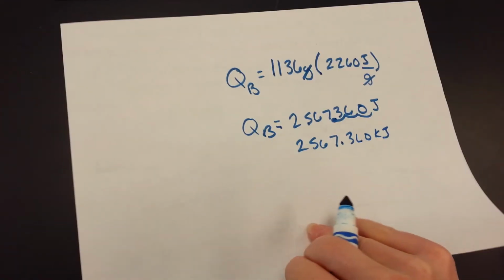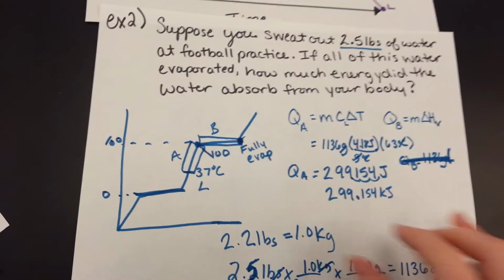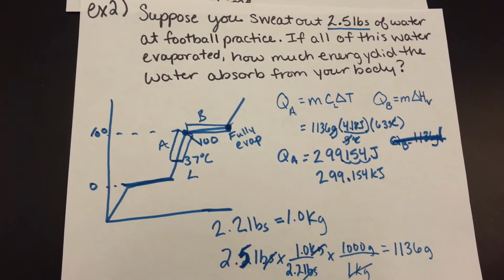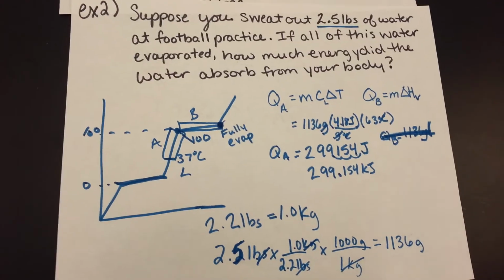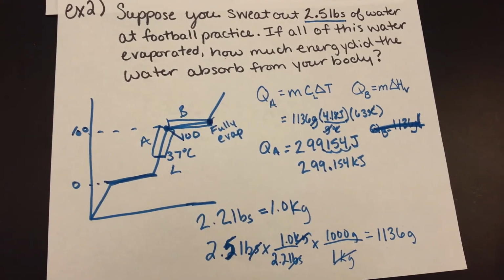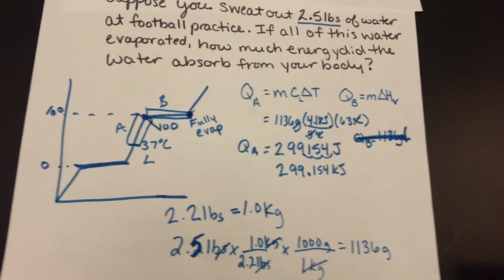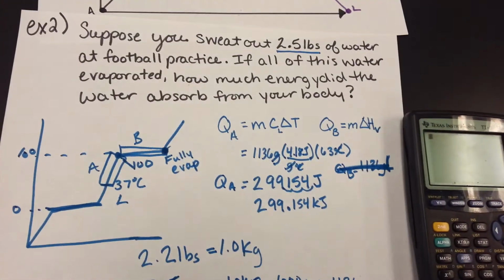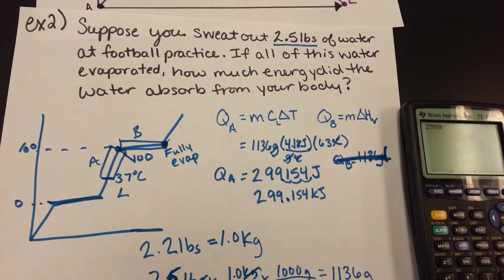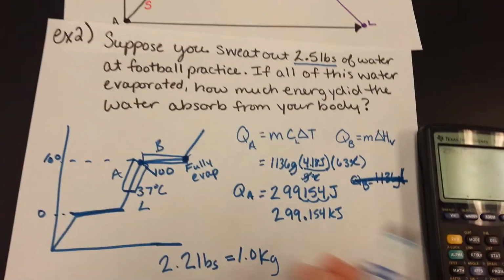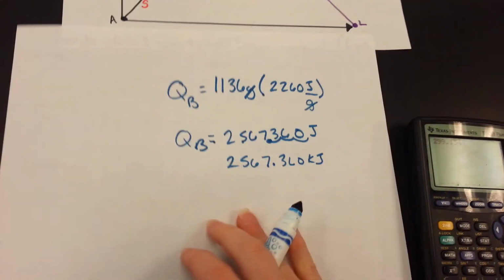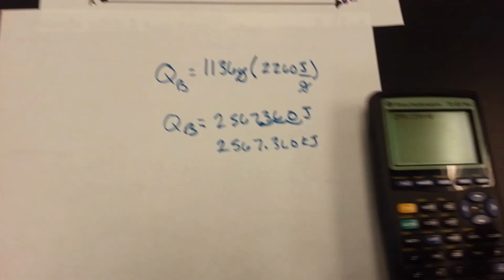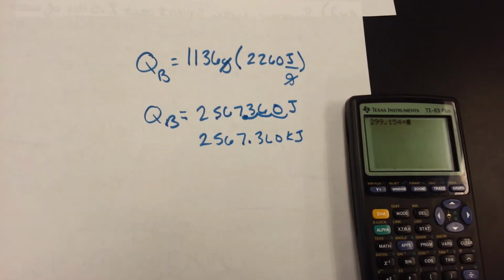Now, when we go back to the question, it asked us how much energy did the water absorb from your body. So that's a total question. So in my calculator, I have 299.154 from A. We could add that to our B amount.